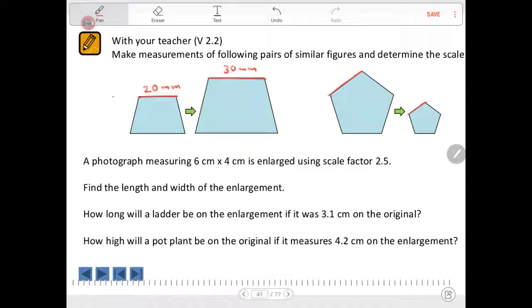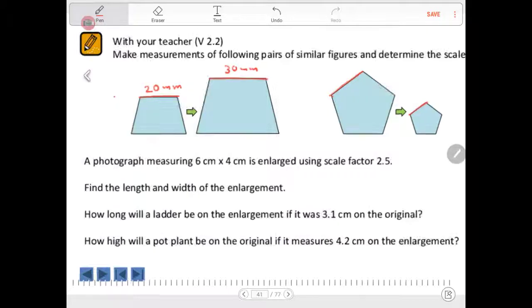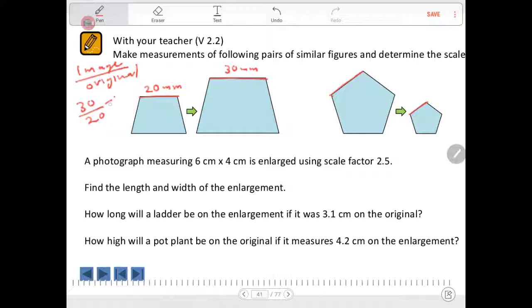So if we divide the new one, so here we've got the original on the left, and we've got the image on the right. So it's going to be image divided by original is our basic idea. So 30 over 20. Now that gives us 1.5.